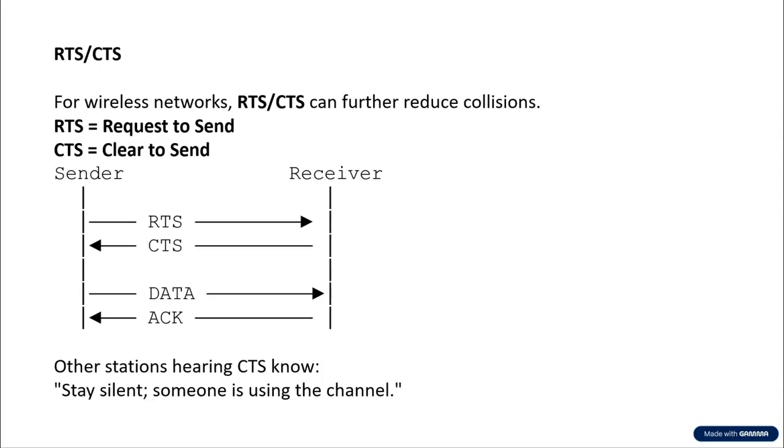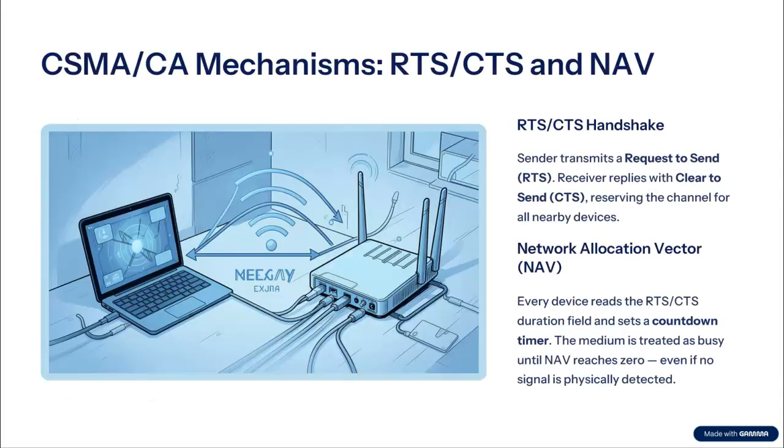Other stations hearing CTS come to know that they all need to stay silent, as someone is going to use the channel. Now the sender sends the data, completes the transmission, gets the acknowledgement from the receiver, and the data transmission is over. So this is one other way CSMA/CA can further reduce collisions.